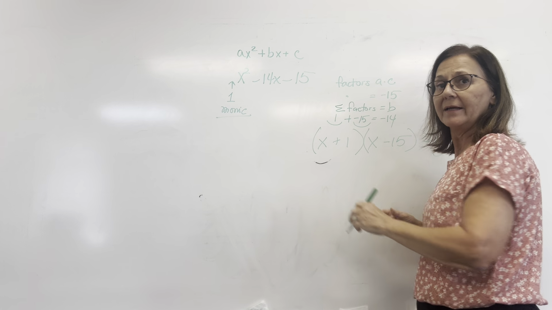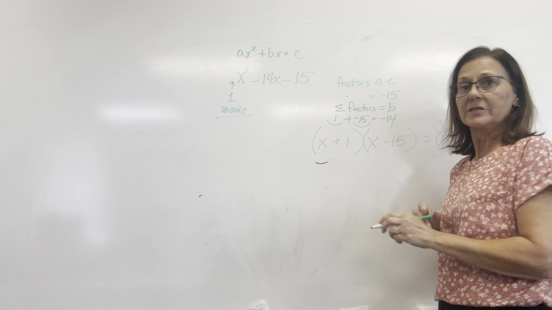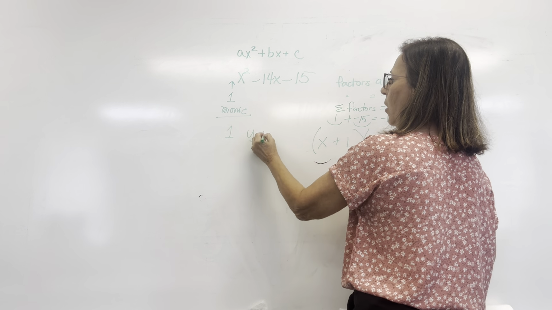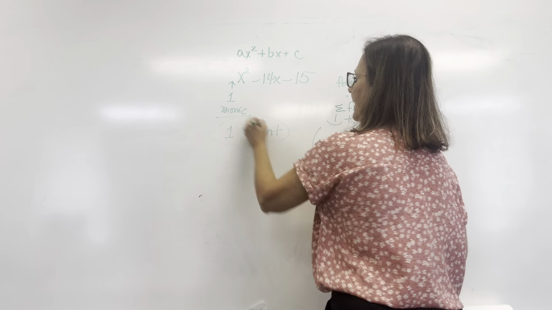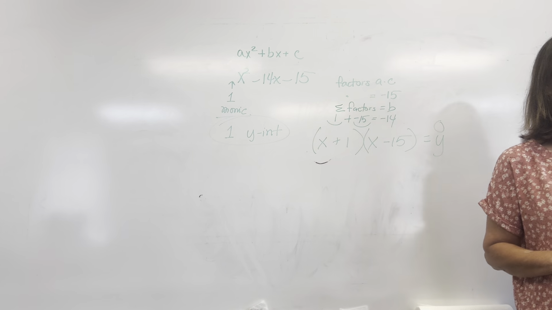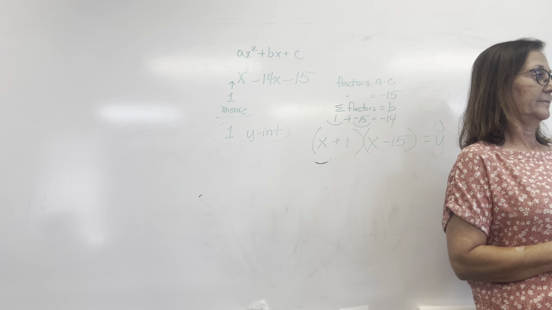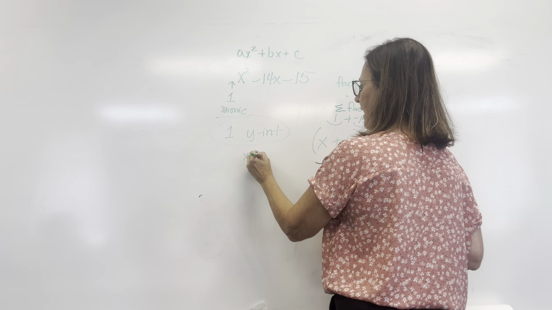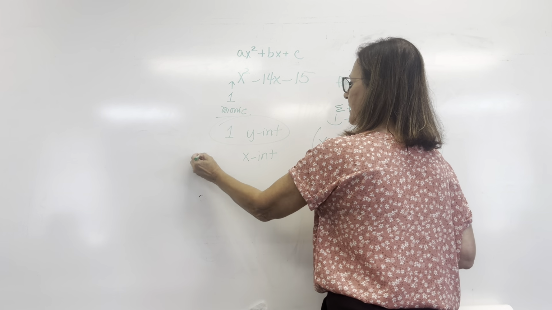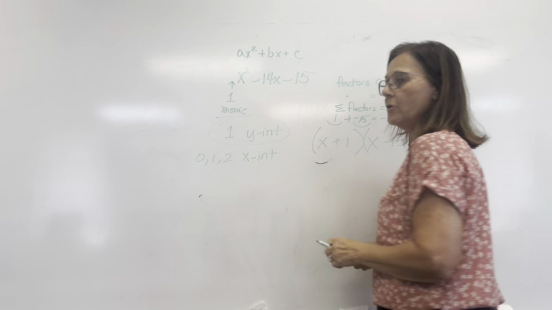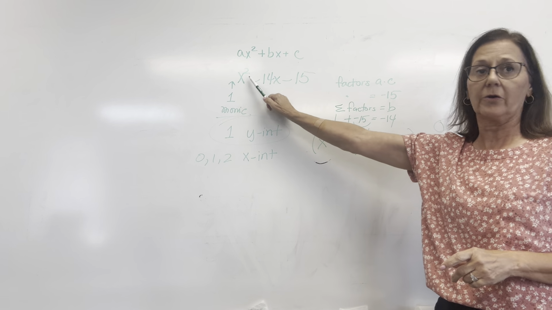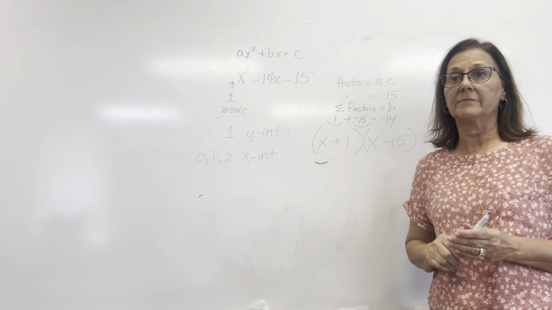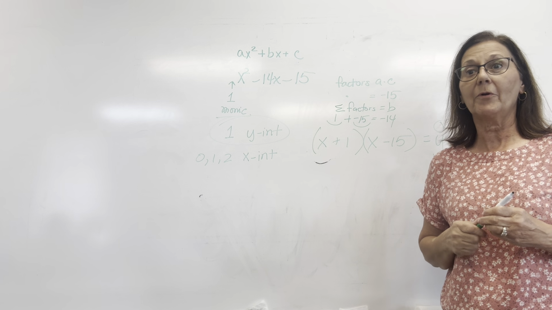A quadratic, are y'all focusing right here? A quadratic has one and only one y-intercept. It always has one y-intercept. But in terms of x-intercepts, it can have 0, 1, or 2. At most 2, because it is a second degree equation. But it can have no x-intercepts. It looks like a parabola.